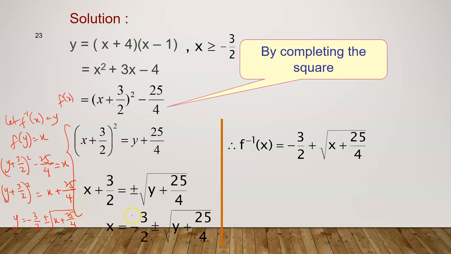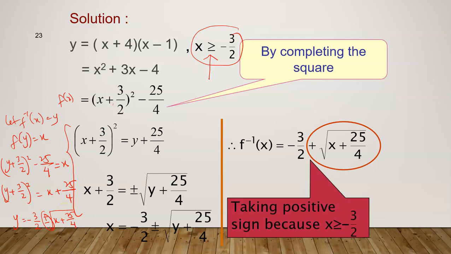Since you have a plus minus sign here, how do we choose? You look at the domain. Since this is greater than, we will choose the positive sign, because x greater than or equals to negative 3 over 2. If less than or equals to negative 3 over 2, then you choose the negative one.